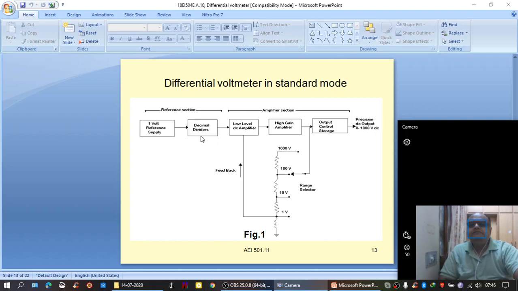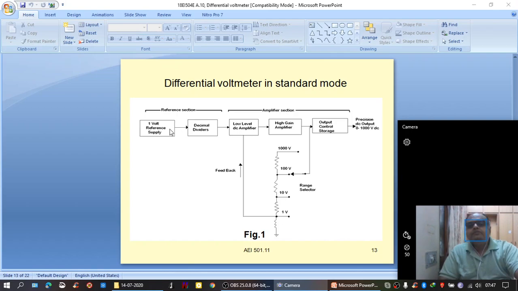What does it mean? 1 volt is divided into 0.1 volt, 0.2, 0.3, 0.4, 0.5, 0.6, 0.7, 0.8, 0.9 and 1 volt.